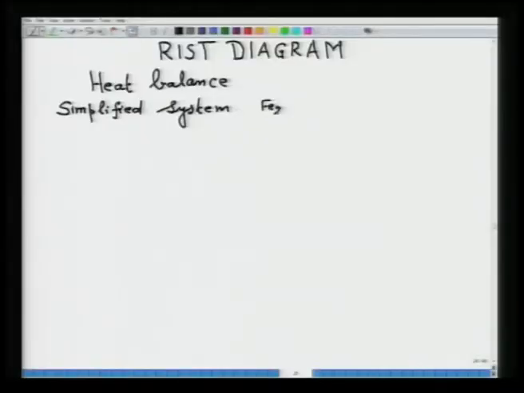We are considering that we are charging Fe2O3 plus carbon, this is our burden, and the products we are considering, in order to understand the basics of the Rist diagram when we incorporate heat balance into it, are pure liquid iron and top gas.